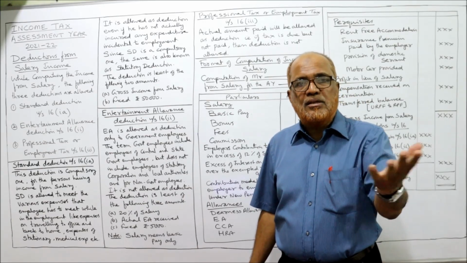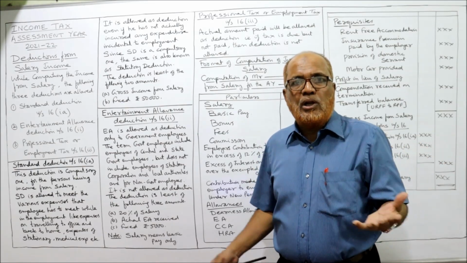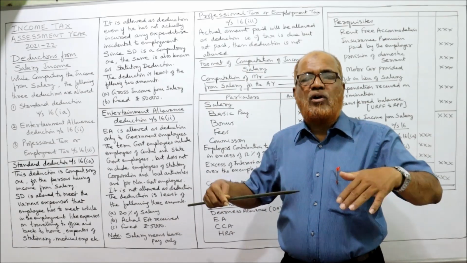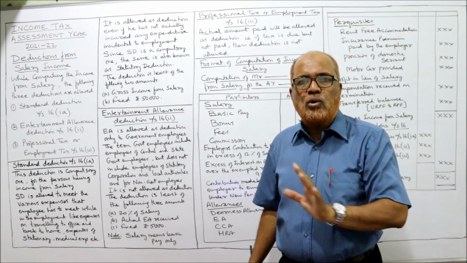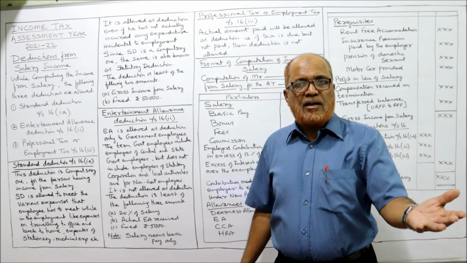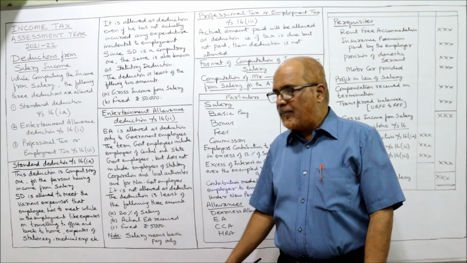Whatever I'm saying, the same thing you have to write. I'm saying about the law. Nothing new I'm telling. Whatever lecture I'm giving is according to law only. Whatever is there in the Income Tax Act 1961, the same thing I'm explaining here.